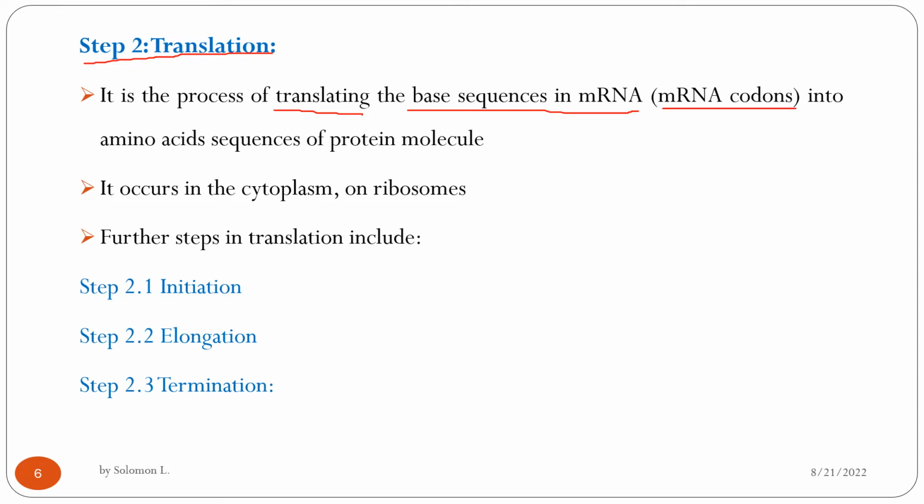So translation is the translating of these messenger RNA codons into the amino acid sequences of a protein molecule. It occurs in the cytoplasm, especially on the ribosomes, and this step is subdivided into initiation, elongation, and termination steps.